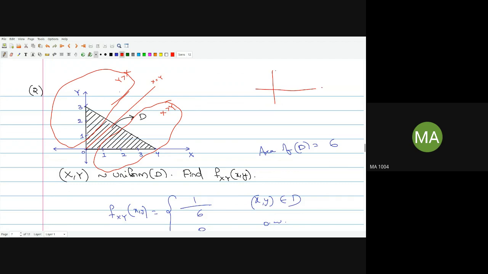You can check that by putting in one point. One point is enough. Any straight line cutting the xy plane divides it into two halves. If this line is y equals x plus 1, then the region above represents y greater than x plus 1, and the region below represents y less than x plus 1.